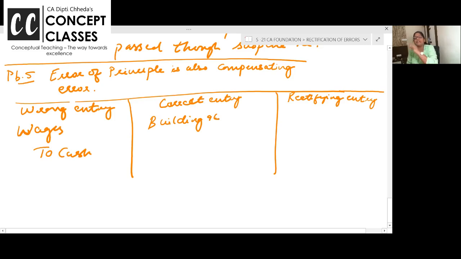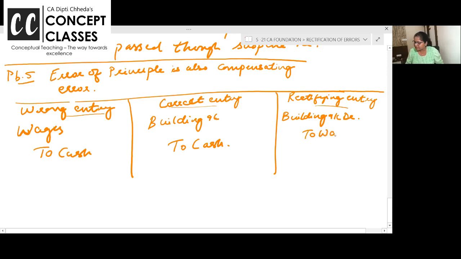Wrong entry, correct entry. This is just to explain you. Wages to cash, wrong entry. Whereas correct entry is building account debit to cash. Rectifying entry is building account not debited, now debited.